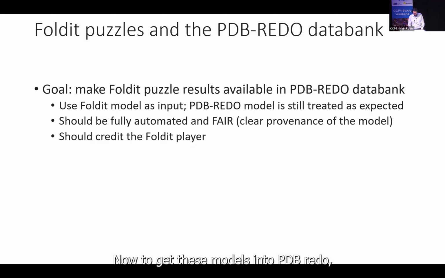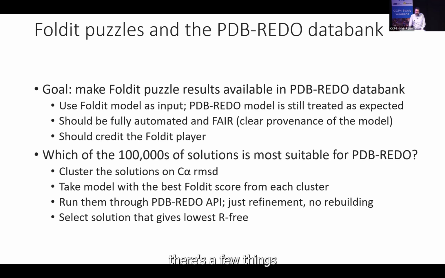Now, to get these models into PDB-REDO, there's a few things that we need to consider. First of all, there's not just one Foldit solution, there's hundreds of thousands. Foldit players make lots of alternative models, and then you have to figure out which one is the winner. So what they did is the models are clustered by just C alpha trace, and then from each cluster you take the one that has the best Foldit score, which essentially comes from the Rosetta force field.